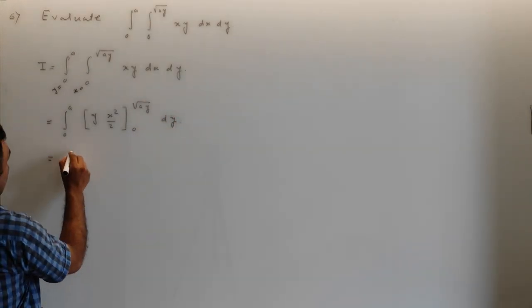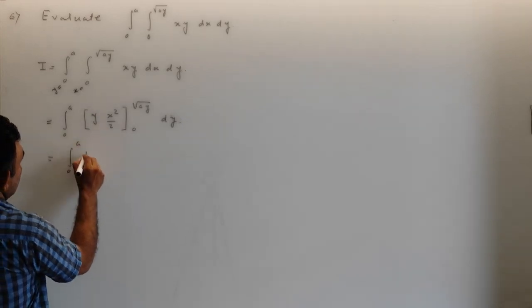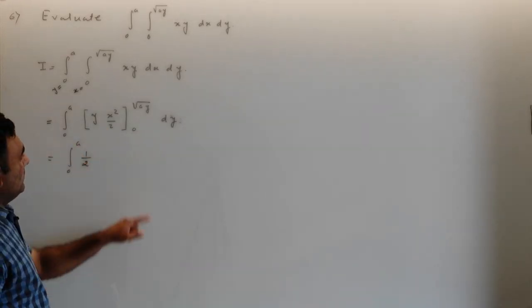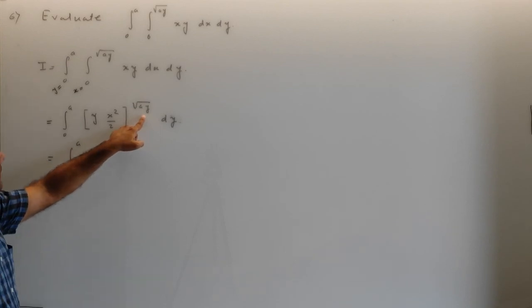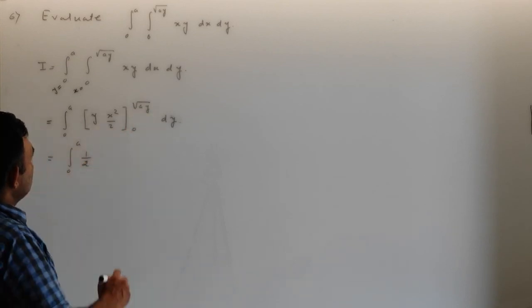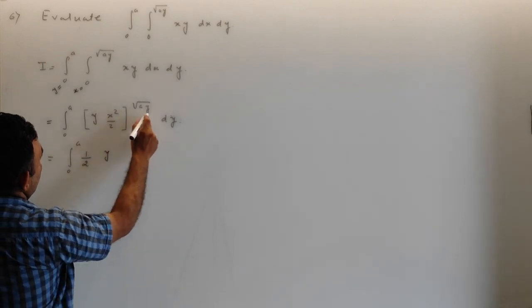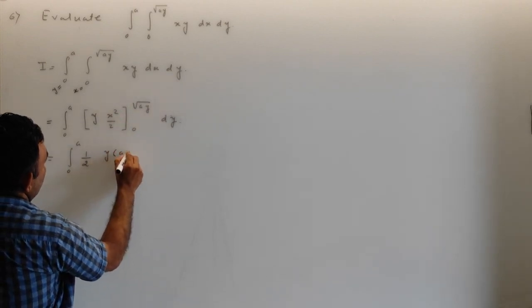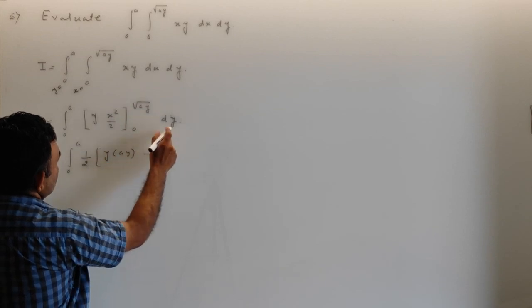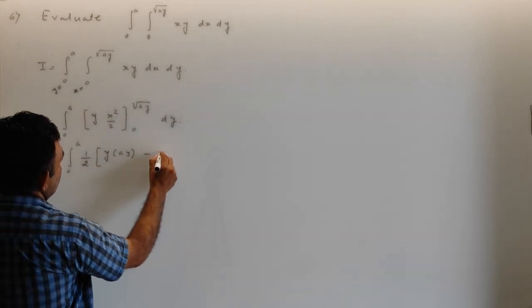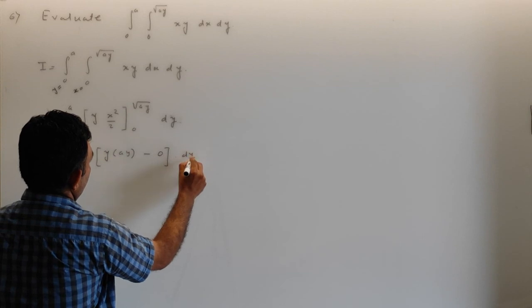So it is now 0 to a. Now 2 is constant, let me take it outside. Now put the limit in place of x, so it is y into under root ay square is ay, and y is already there, minus, now put x is 0, so it is 0, into dy.